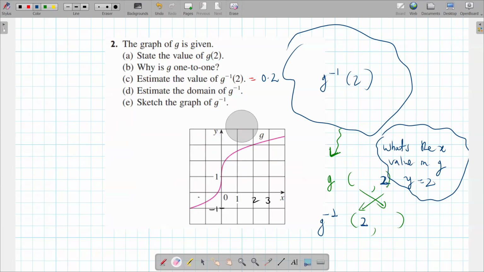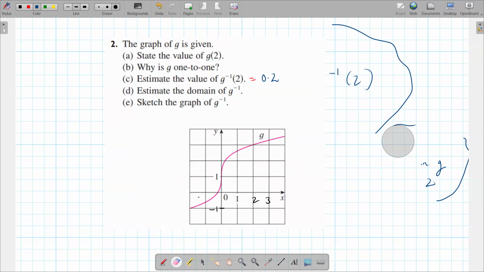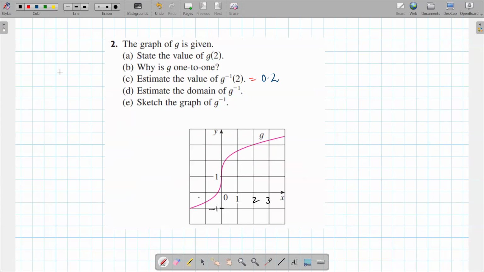D, estimate the domain of G inverse of X. All right, here's the thing about domains. You have your G, and you have your G inverse. One has a domain, one has a range. Domain is in terms of X, range is in terms of Y. The domain of G is the range of G inverse.